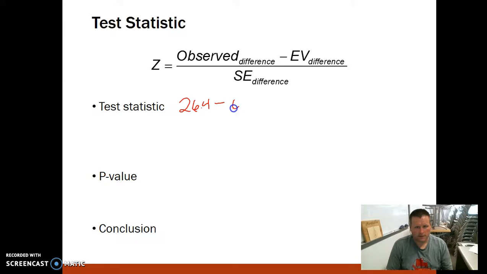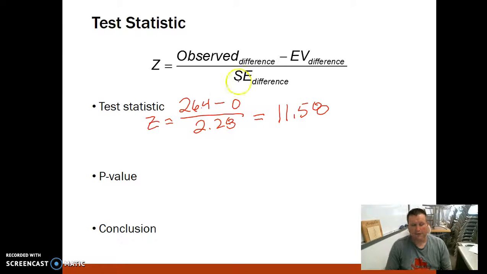That was our observed, minus our expected, which is 0, all over 2.28. That's our standard error difference. And when we do that, we get 11.58. That is our z-score. It's 11.5 standard deviations away from normal.